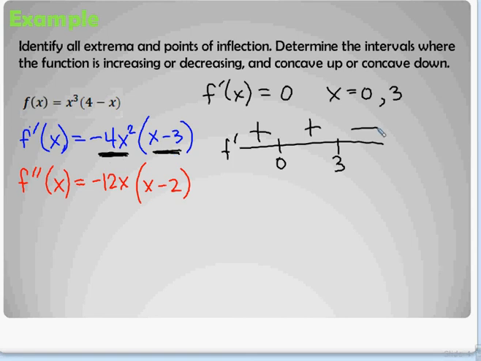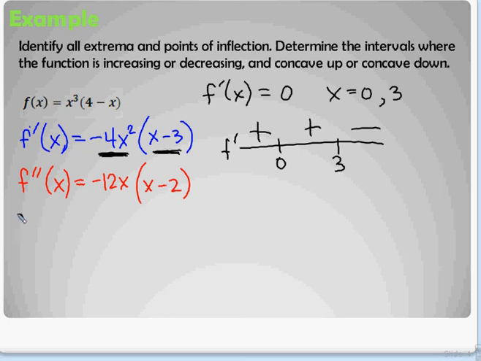And I know it's absolute because of my original function being an x to the 4th. So the maximum I find is going to be the absolute. So we have an absolute max at f of 3. And that value, when I put 3 back into my original function, will be 27. And then I'll just have a shelf point at x equals 0, and so we don't need to state that as any kind of extrema.